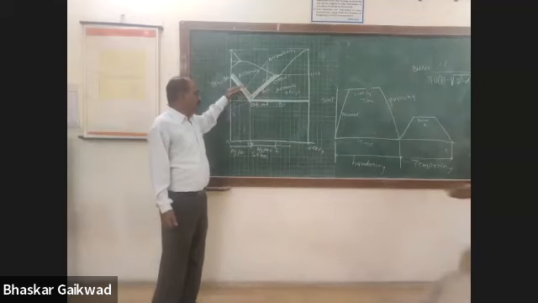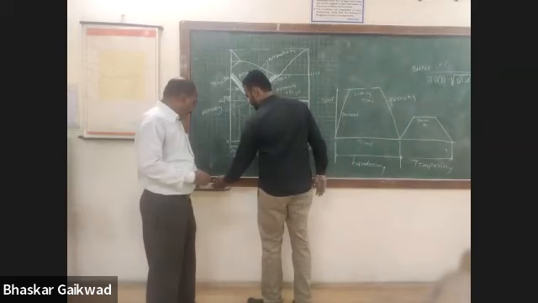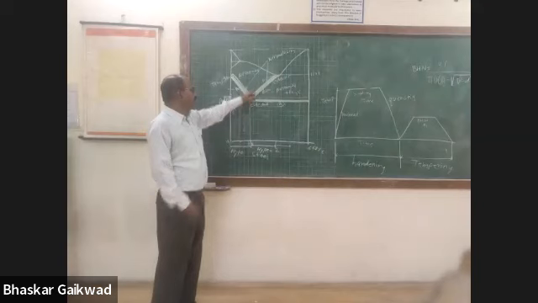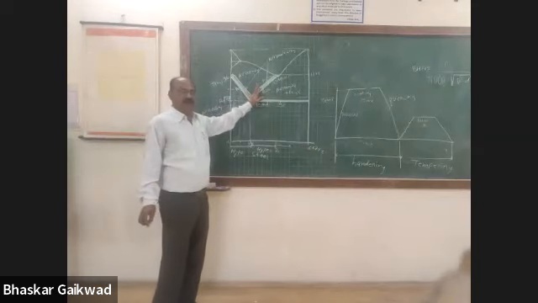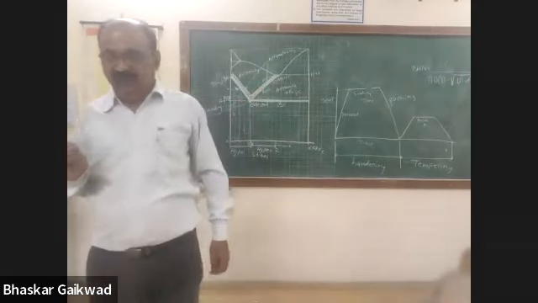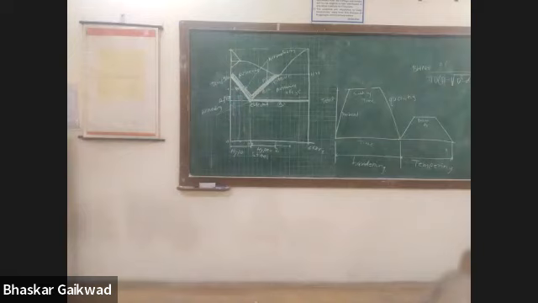But in annealing, we cool the component in the furnace, and for normalizing, we cool the component in air. Keep in mind, control air should be there so that decarburization will not take place. So normalizing, air cooling; annealing, furnace cooling.